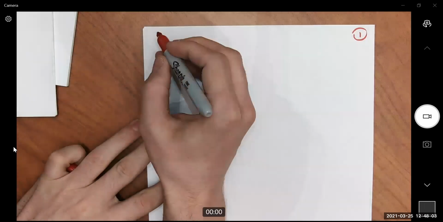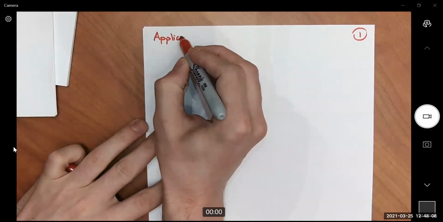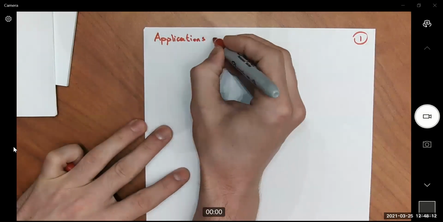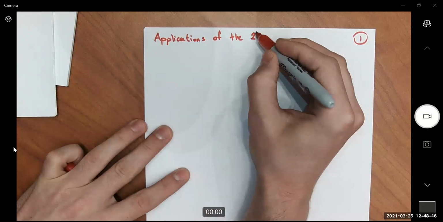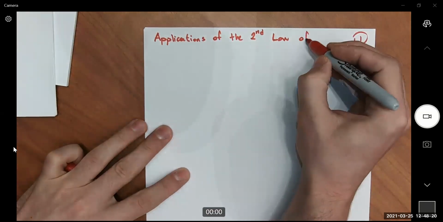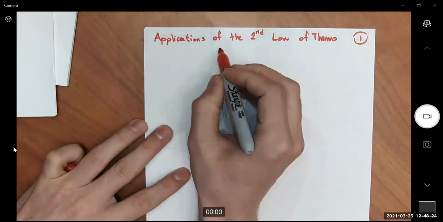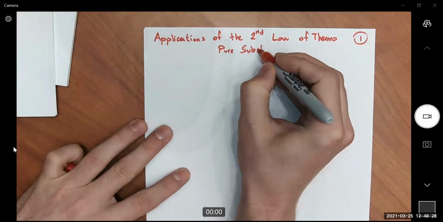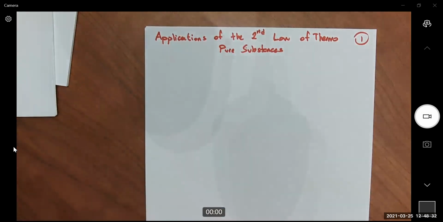So, applications of the second law of thermodynamics for pure substances.